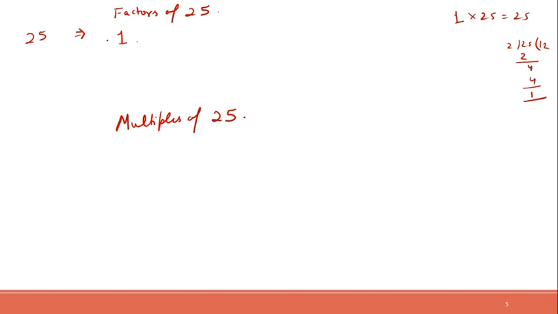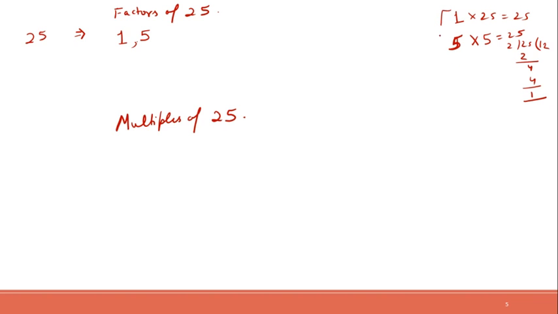That is one remainder. 2 is not a factor. 3 is also not a factor. 4 is not a factor. Then 5. That means 5 into 5 is 25. Then 6, 7, 8, 9, 10. Nothing will be a factor.